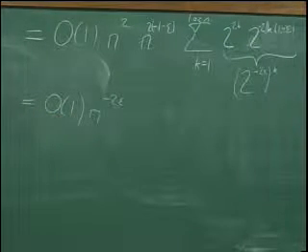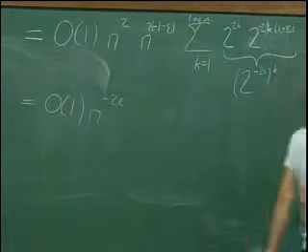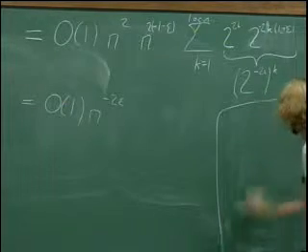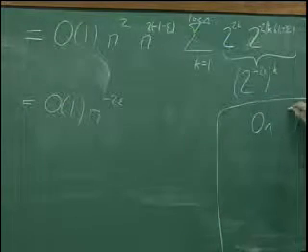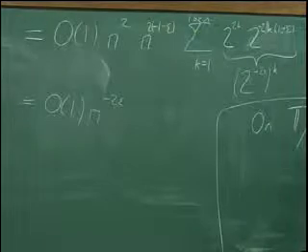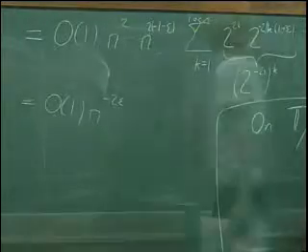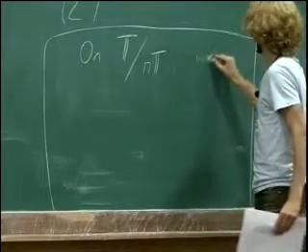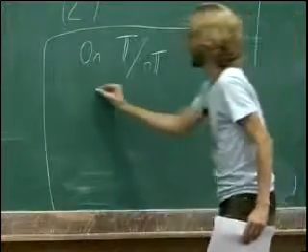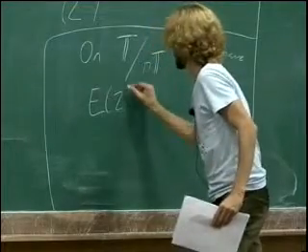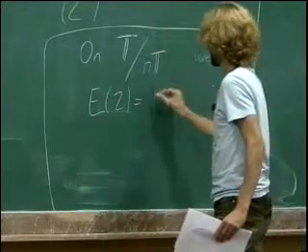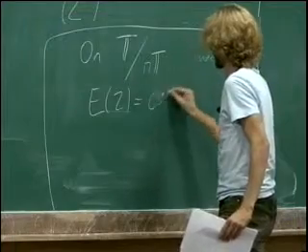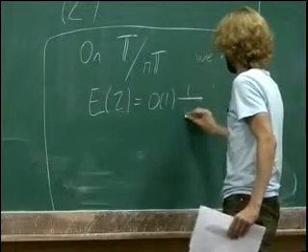So basically, the spectral mass on level 2 is n to the minus a half. So on the triangular lattice, modulo n times the triangular lattice, we have energy on level 2 roughly 1 over square root of n.